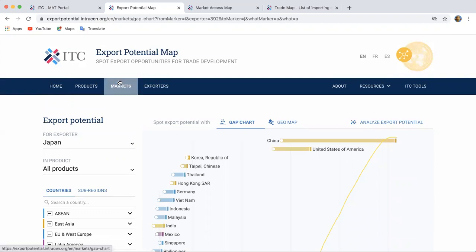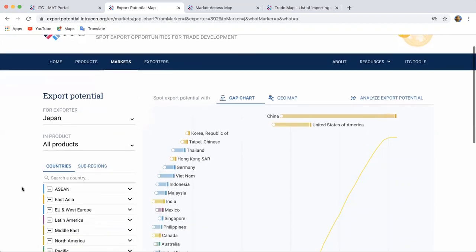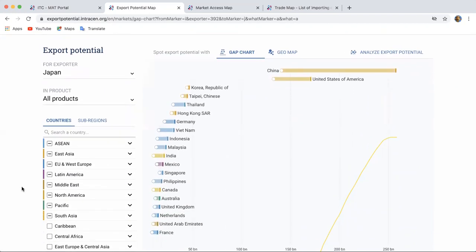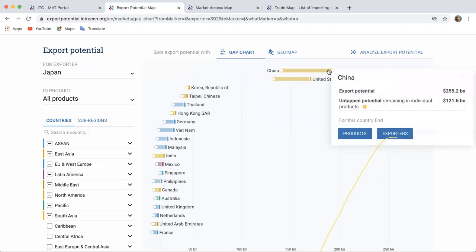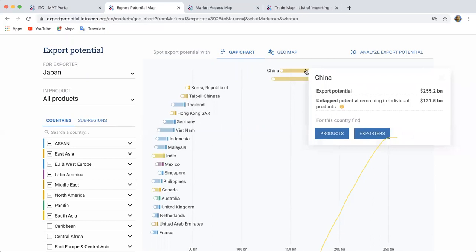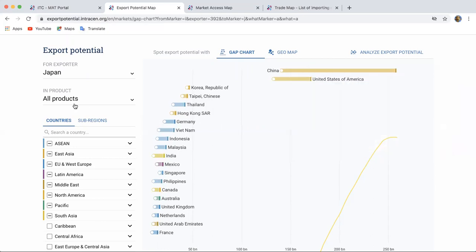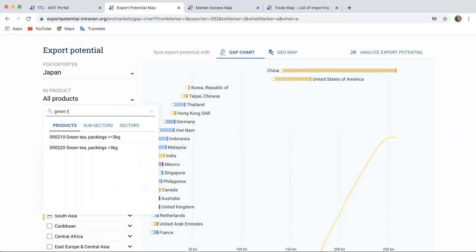So I go to the markets at the top for exporter Japan. And at this point, now we're looking at the export potential of Japan in general. So China leaves the most untapped potential for Japanese exports, and the US. Let's see if that's also the case for green tea, larger than 3 kilos.